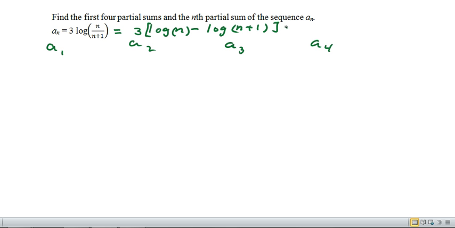And the 3 can be distributed, so it could be 3 log n minus 3 log n plus 1.